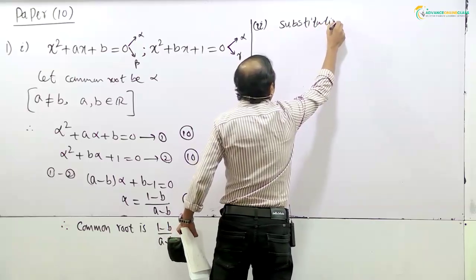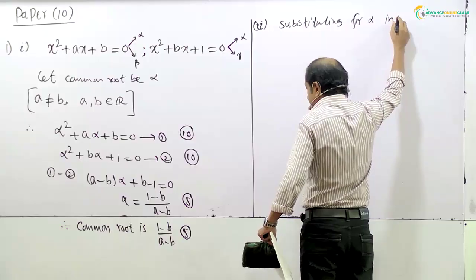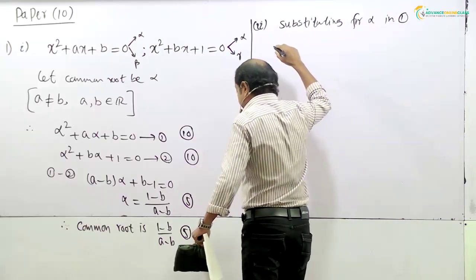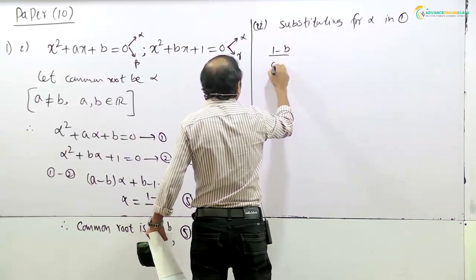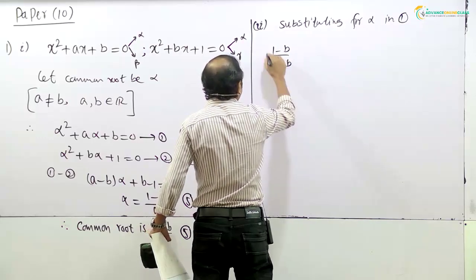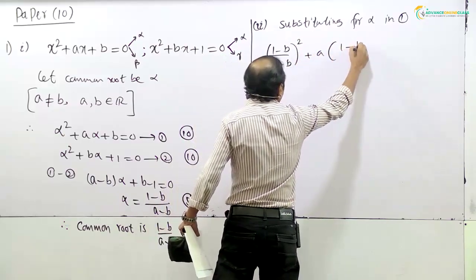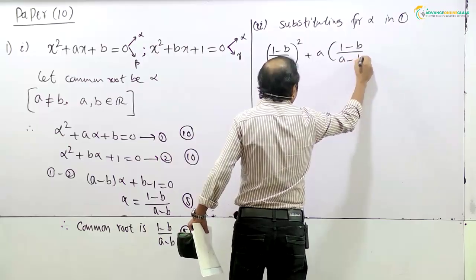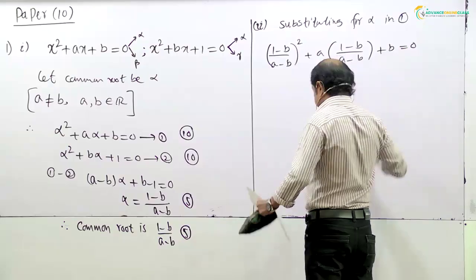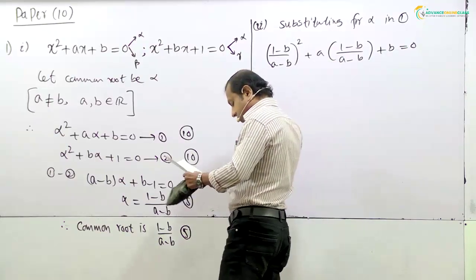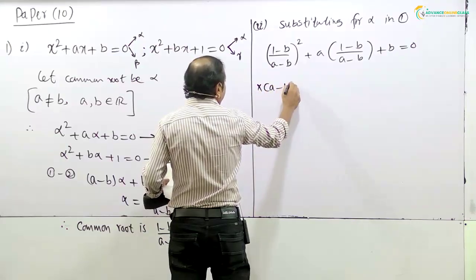Substituting for alpha in number 1, what do you get there? Alpha squared: 1 minus b divided by a minus b, perfect square, plus a times 1 minus b divided by a minus b, plus b equals 0. So let us multiply this both sides by a minus b perfect square.